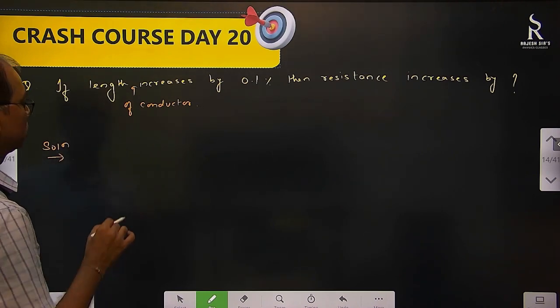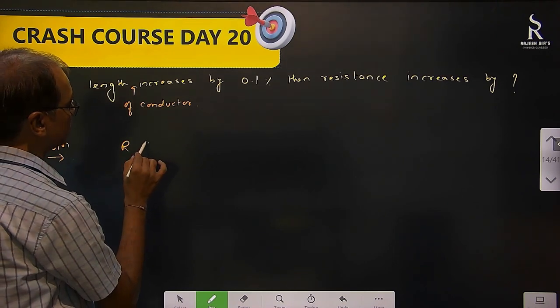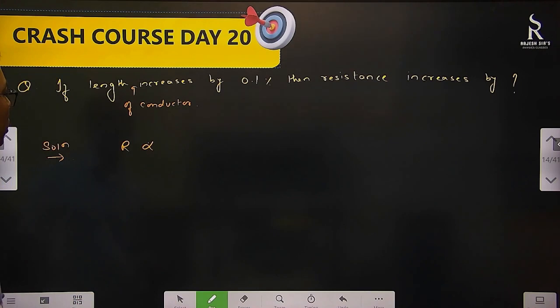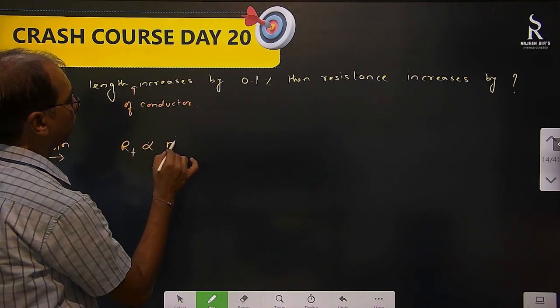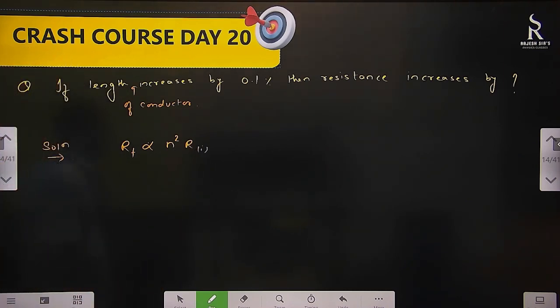So resistance final equals n square R initial. Yes or no? n square R initial.